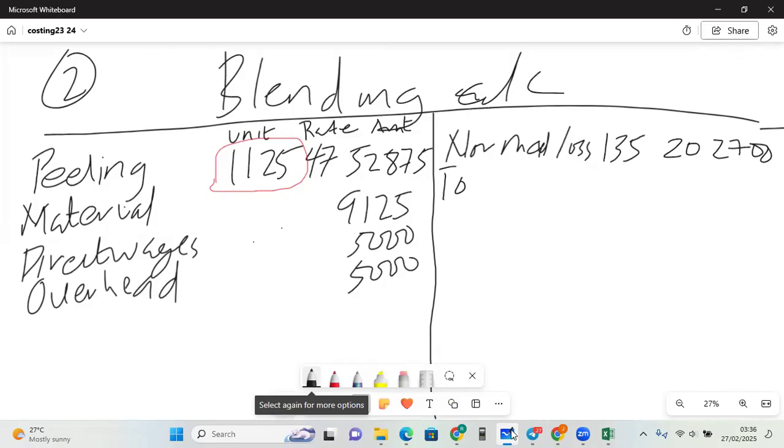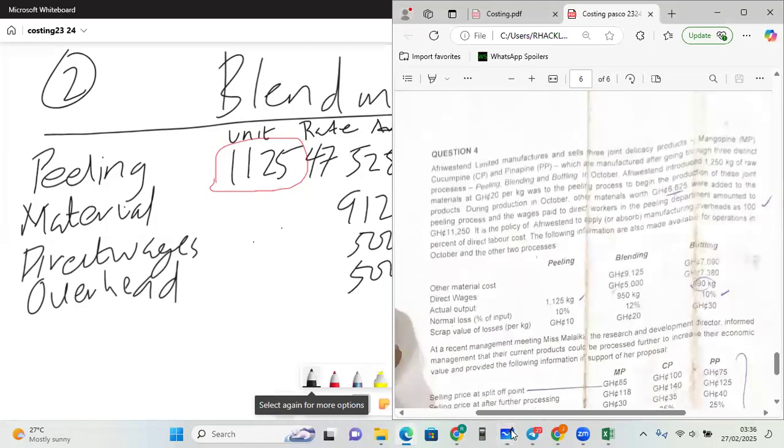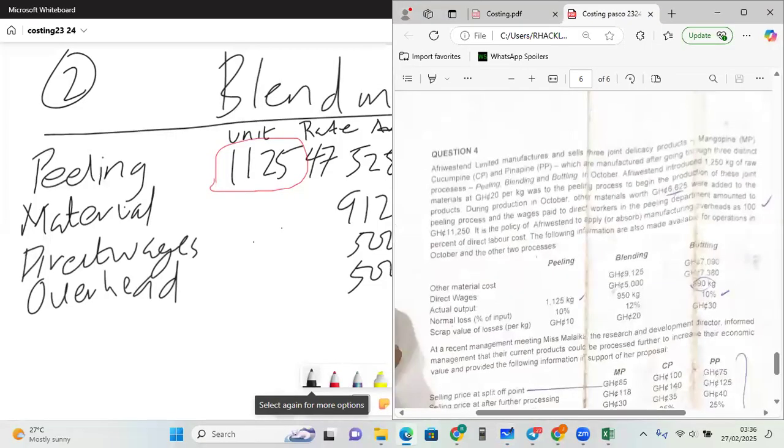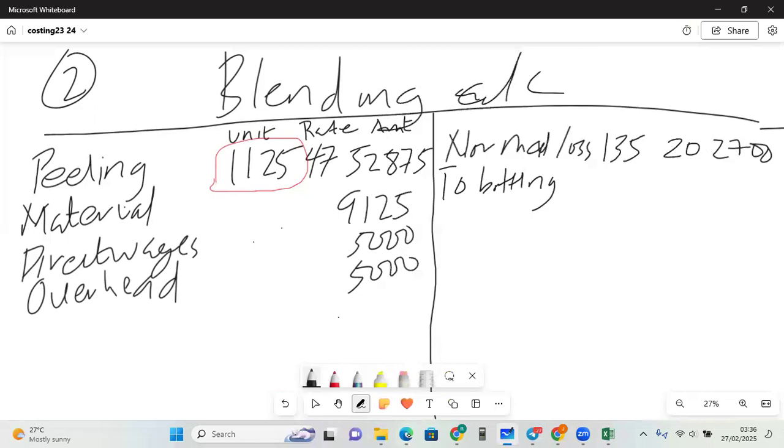The last process is called bottling. We don't know the value yet.